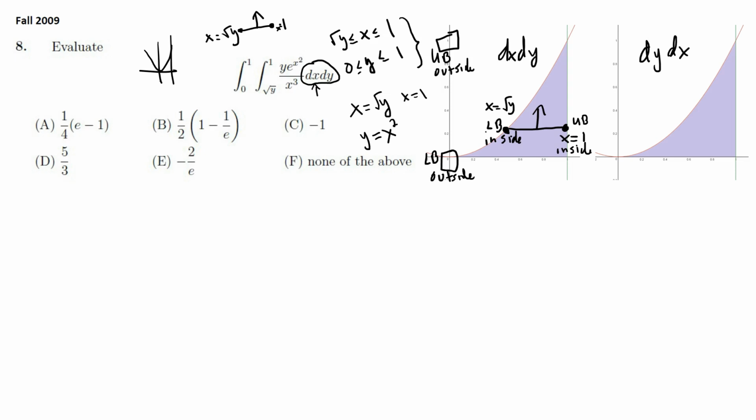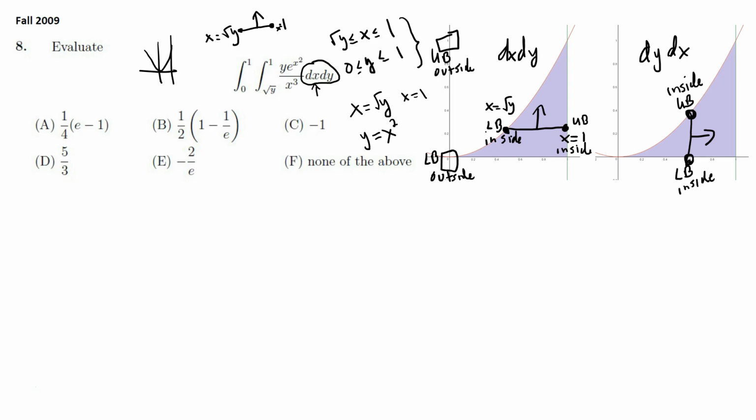dy dx is done with a vertical rectangle that is moved horizontally. I put the circles at the end of the rectangle so that you can figure out the upper bound and the lower bound on the inside. And so they have to be in terms of y equals.